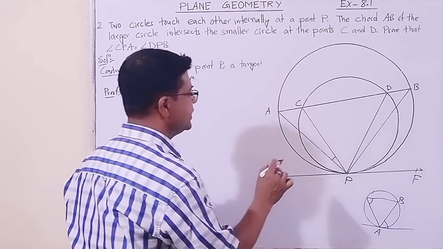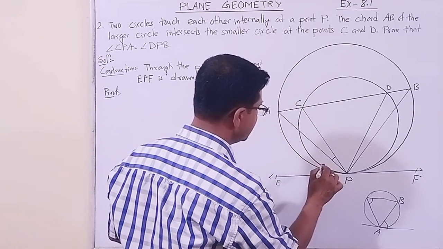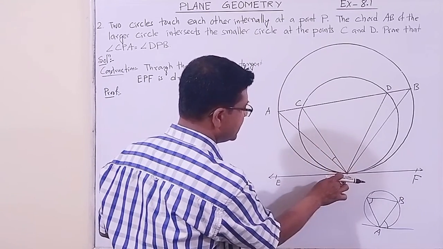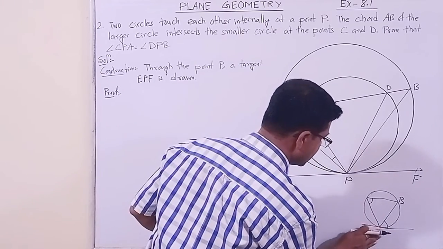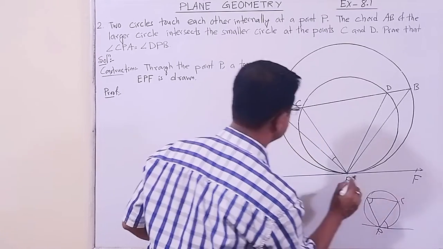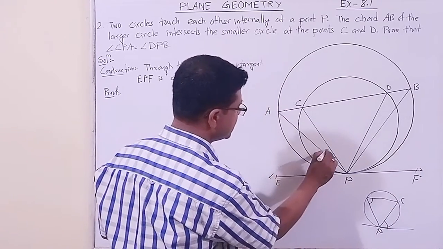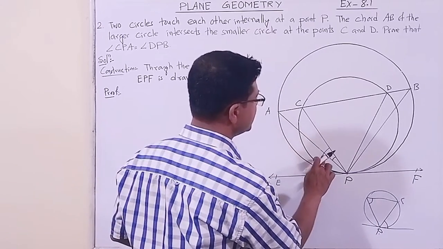So for the smaller circle, PC is the chord. Let us write PC is the chord here. So this is the angle formed. This angle will be equal to which angle?